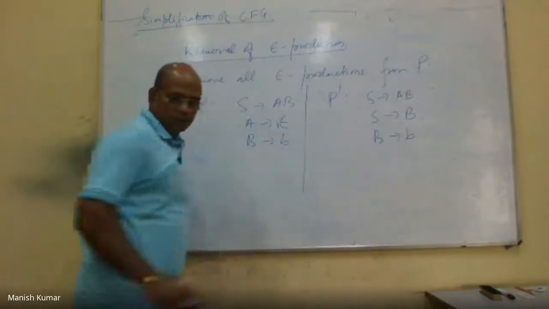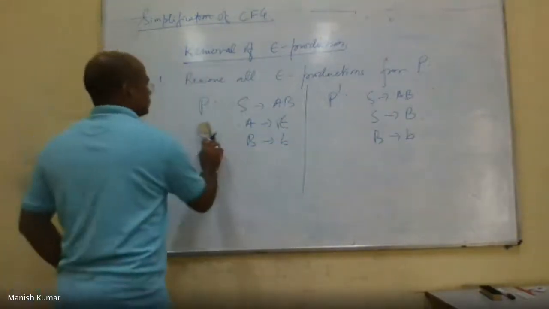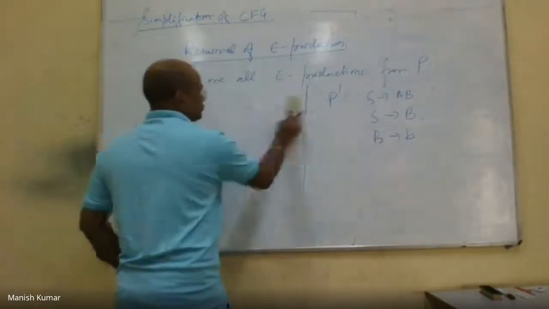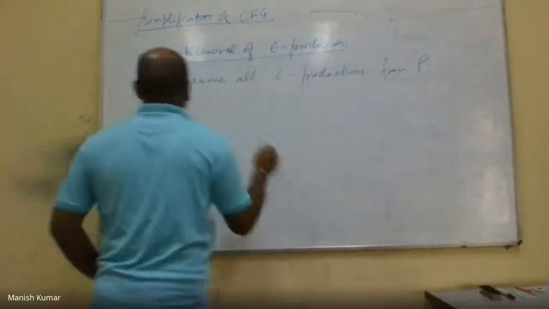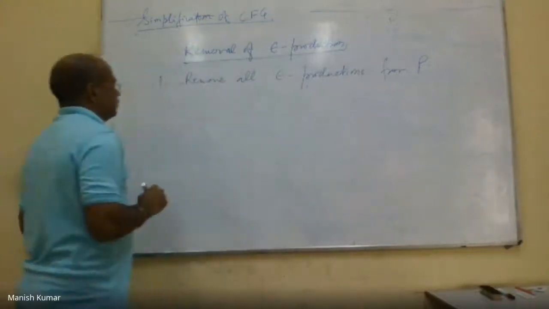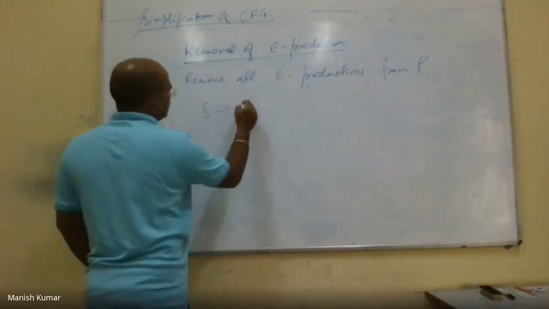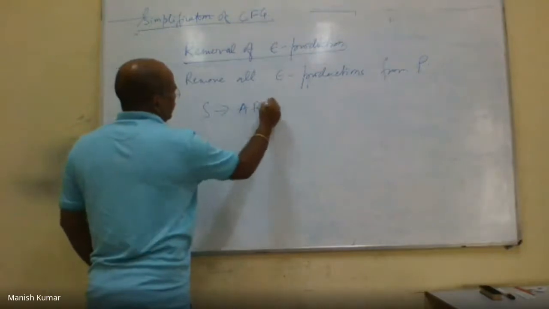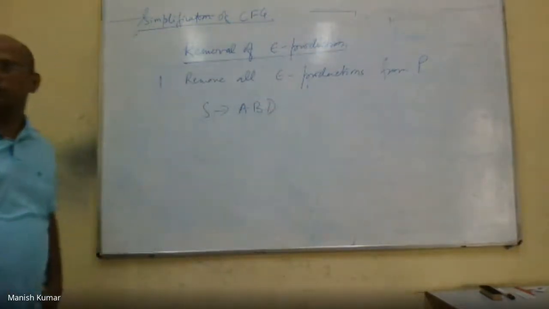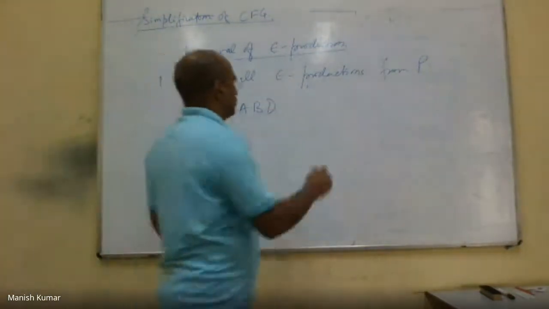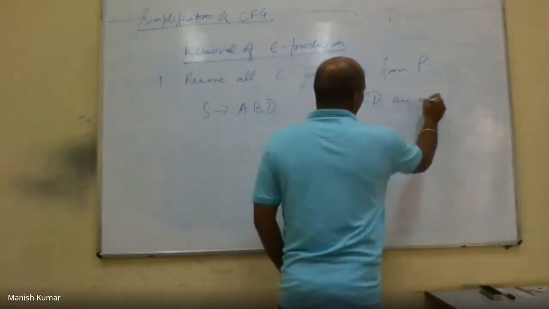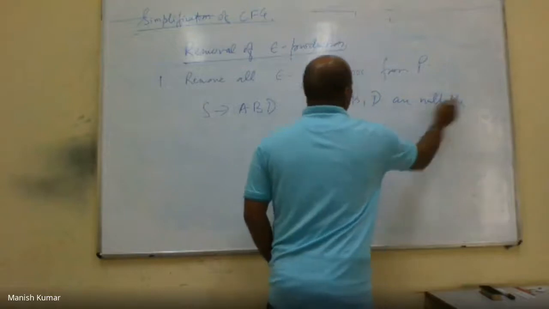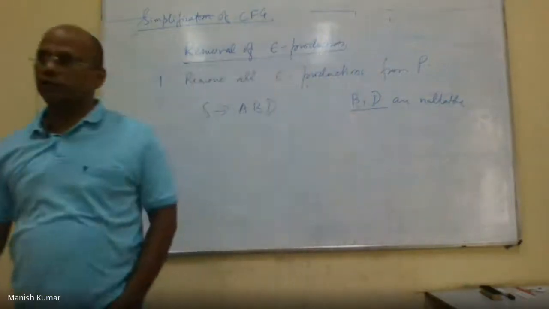Similarly, if I take another example, suppose S goes to A, B, D, okay, and B and D are nullable. That means these are the null non-terminals.